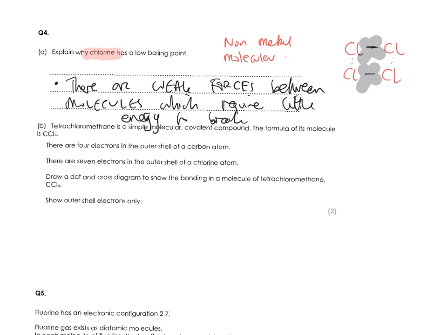You can use the word molecules here because these chlorine molecules are indeed molecules. You can only use the word molecules if you're talking about a molecular crystal structure. And if you're talking about molecules, then you'll be talking about forces being broken, not bonds. That is really important. If I put there are weak bonds between the molecules here, then I would not have got any marks at all.